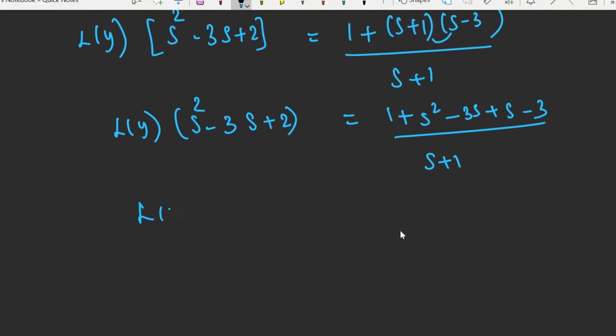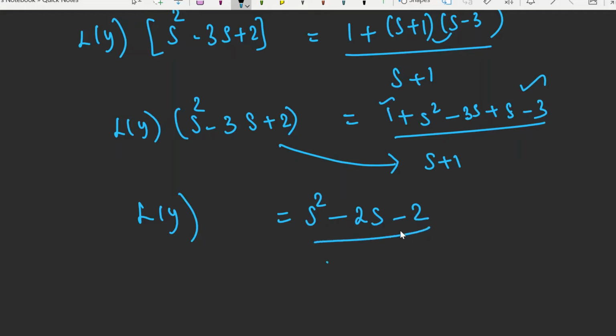Now L of y equals, I will move this quadratic expression to the right side, so it will come in the denominator as well. At the same time, s square minus 3s plus s is minus 2 times s, and minus 3 plus 1 is minus 2, divided by s plus 1 times s square minus 3s plus 2.